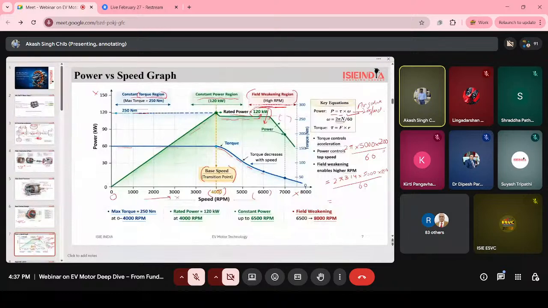Please calculate. 2 into 3.14 is 6.28 into 5000. Does anyone have the answer? You can unmute or please give me the answer.